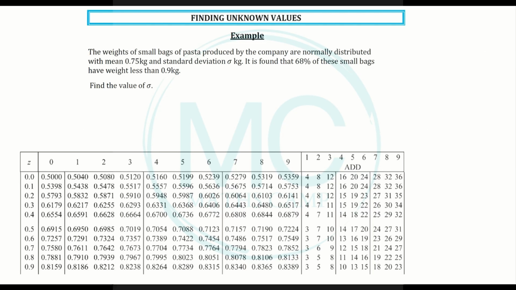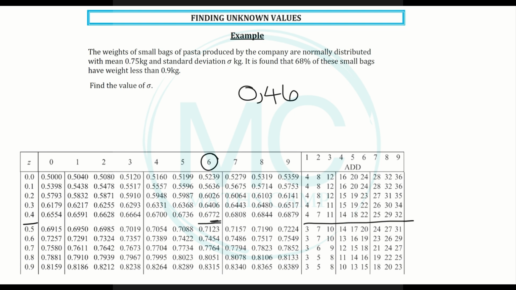I need 0.68, and the closest I can find is 0.6772. It lies in the row of 0.4. I can say 0.4. Column is 6. But I want something as close to 0.68 as I can. So I need to add 28 to this value. Move across to the far column.